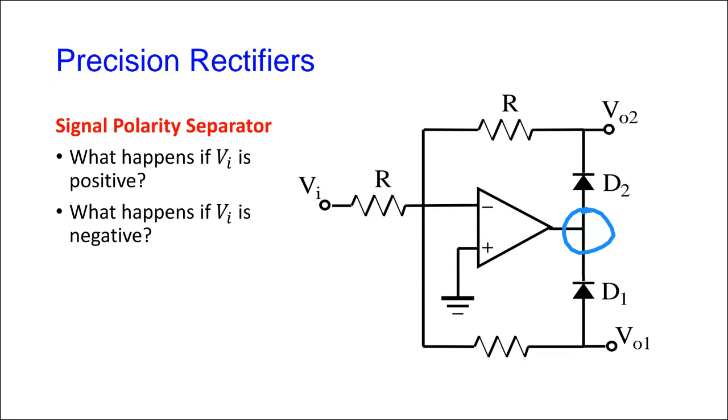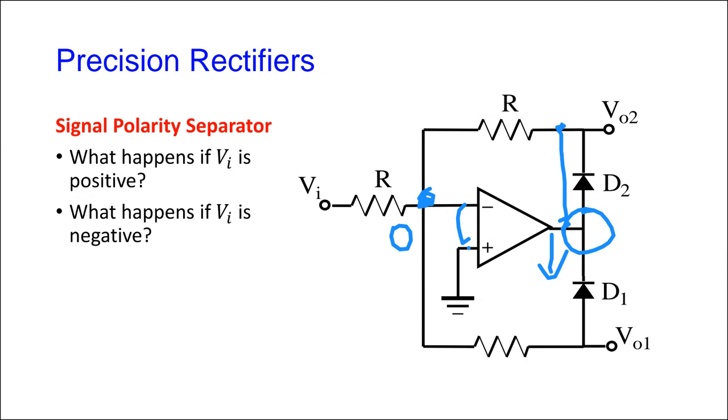Forget the two diodes, if there was just a connection here, right? If Vn goes positive, it's an inverting amplifier. So Vn goes positive. So here goes positive, right? Here is 0. This point is 0 volts because of the virtual earth. So if Vn goes positive, this is going to send the output as an inverting amplifier, so the output is going to go negative.